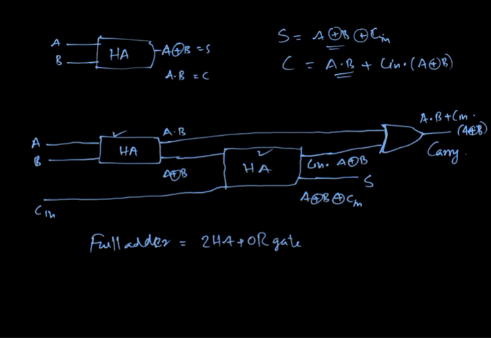So if we cascade exactly like this, we need 5 gates for a half adder, which we have seen while discussing the half adder. This also requires 5 gates, and an OR gate, construction of an OR gate from NAND gates requires 3 gates.